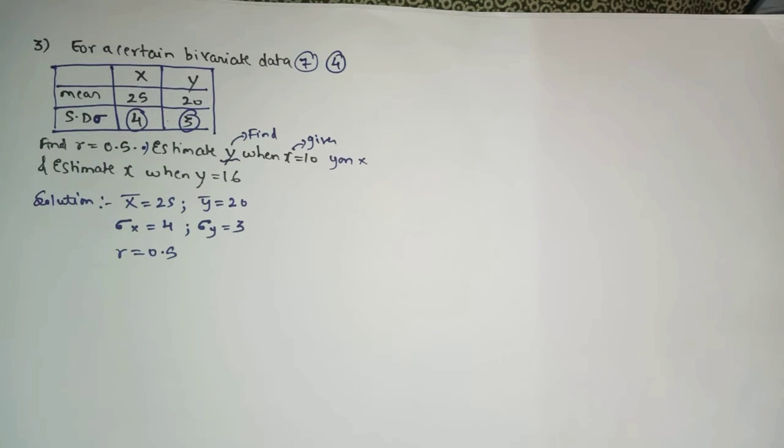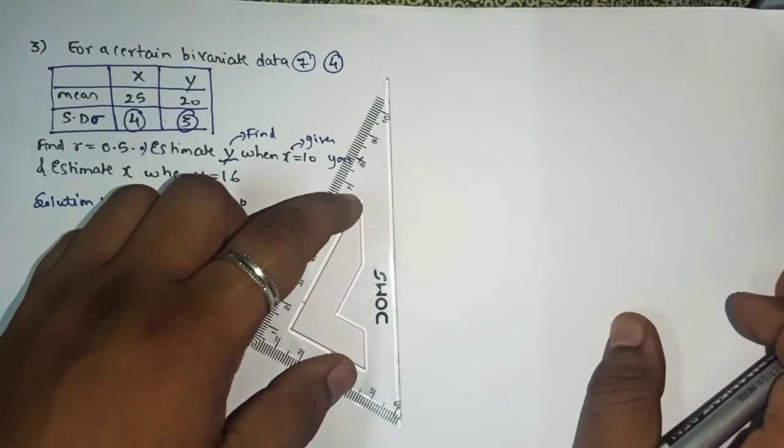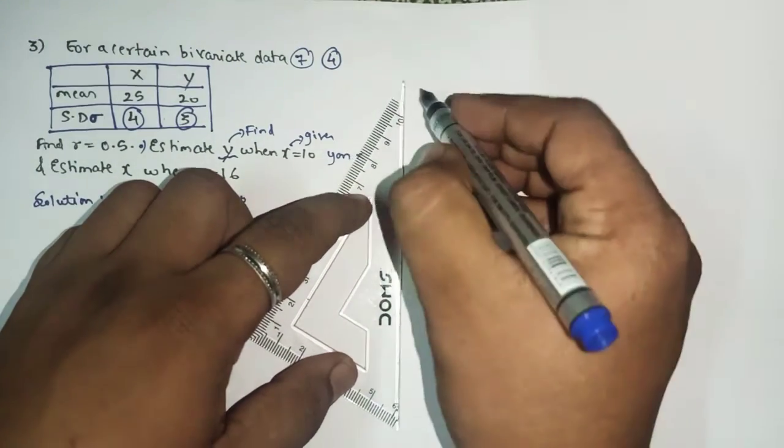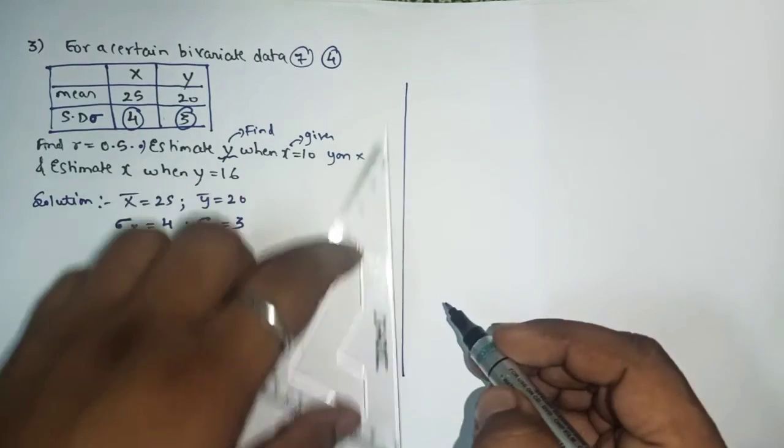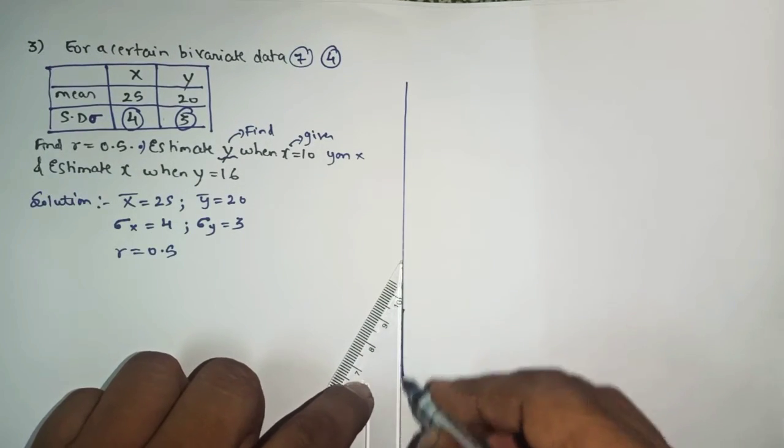So first you have to guess what exactly we have to find in the question. Here we have to find y on x.